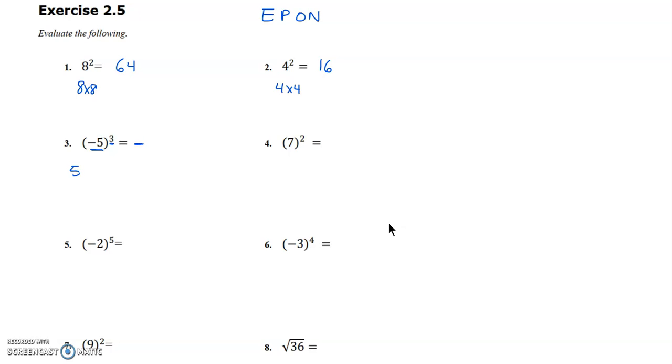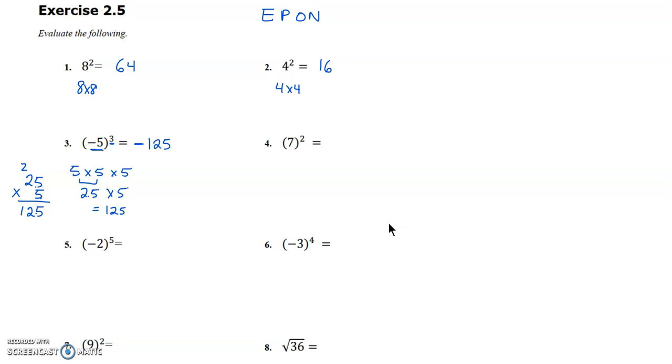And then I can do the work below, 5 times 5 times 5. 5 times 5 is 25, and 25 times 5, I'm going to figure out 5 times 5 is 25, and 5 times 2 is 10, plus 2 is 12. So 5 times 5 times 5 is 125, and it's going to be a negative 125 because the exponent is odd.